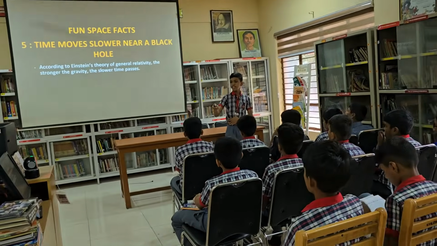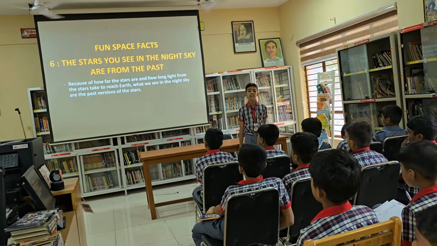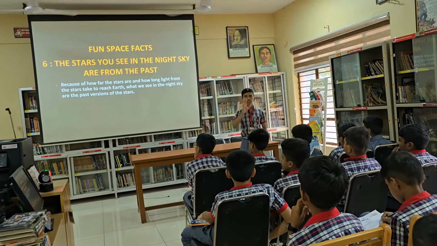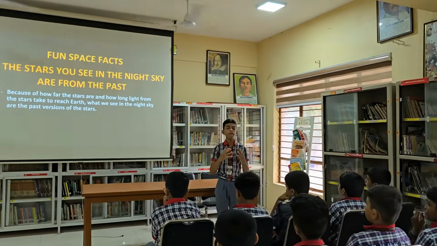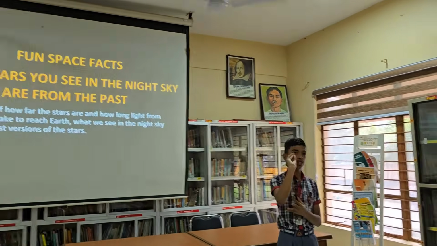And the next fun space fact is that the stars you see in the night sky are from the past. When you look at the night sky, you're actually looking into the past.